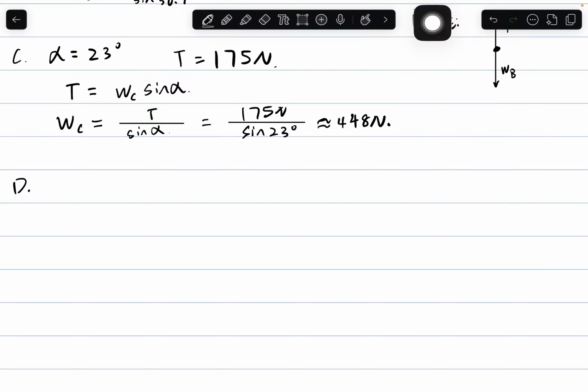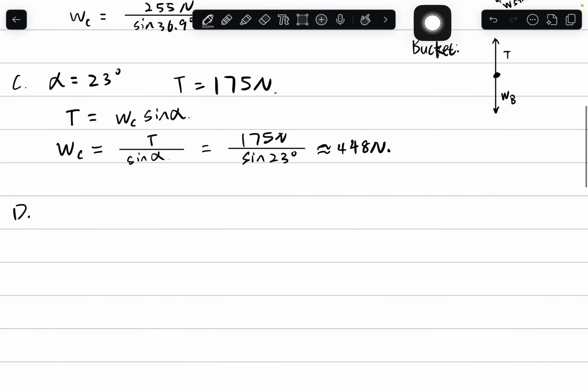And for part D, it asks for the combined weight of the cart and the bucket. We know the bucket is also at rest, so the tension is equal to the weight of the bucket, which is 175 Newtons.